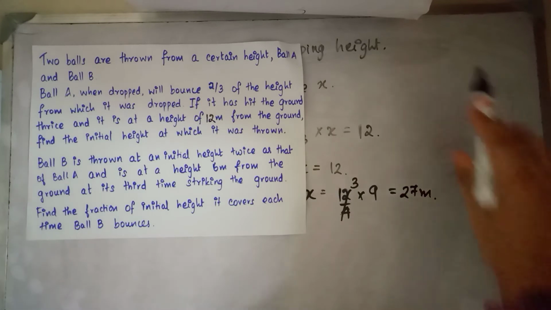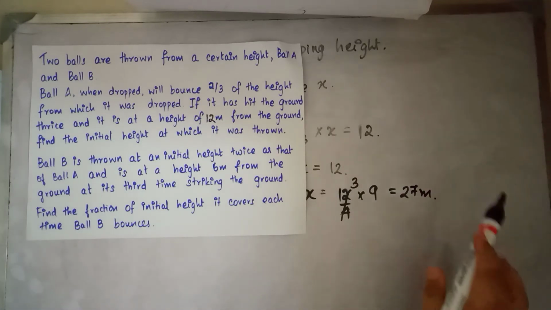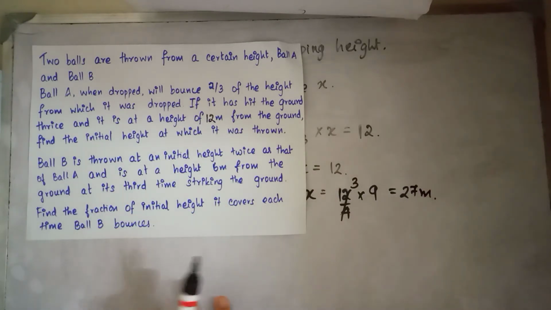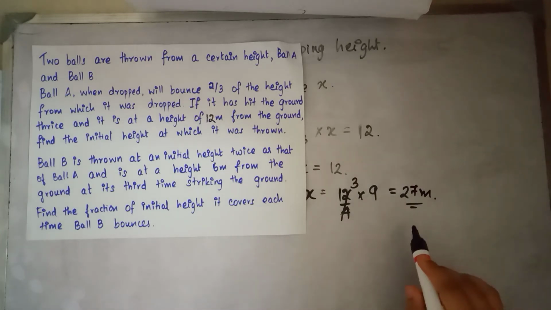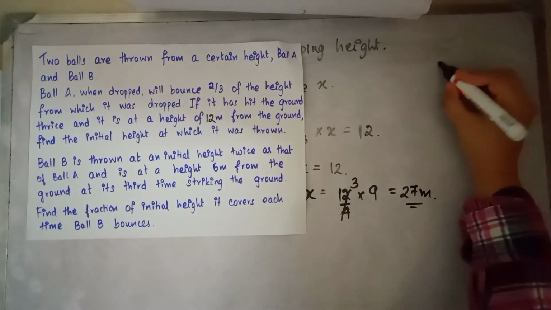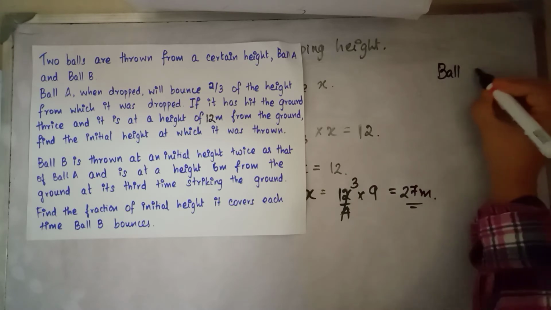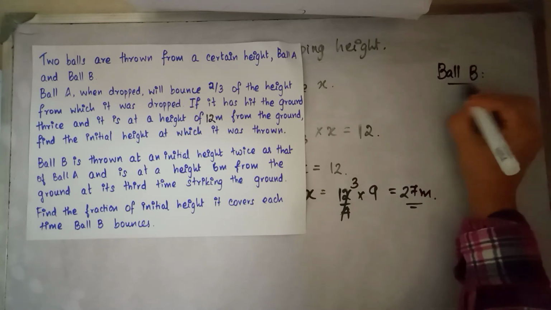Ball B, I'll be writing all of the details of ball B over here so that I can erase all of this off and we can draw the diagram. Ball B is thrown at an initial height twice as that of ball A. Initial height of ball A is 27 meters. For ball B, the difference is they are already giving us the initial height.